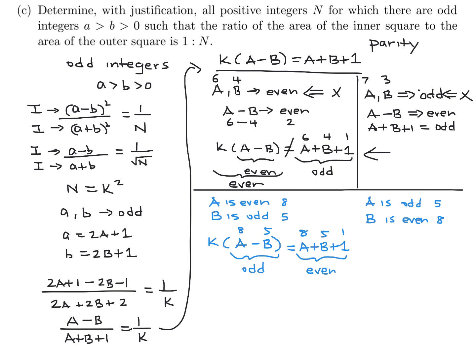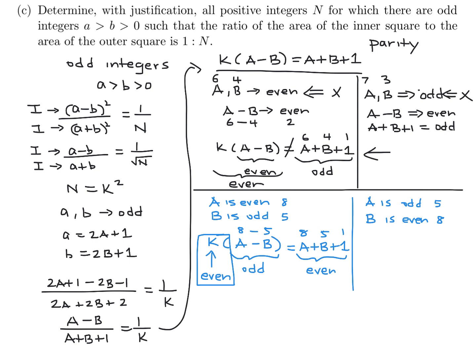Well, an odd number, if you multiply it by an even number, it will become even. So as long as k is even, it will work. Like, for example, 8 minus 5 is 3, right? 3 is odd. But if you multiply 3 by 4, it becomes 12, and 12 is even. So this is a conclusion that k must be even for this to equal.